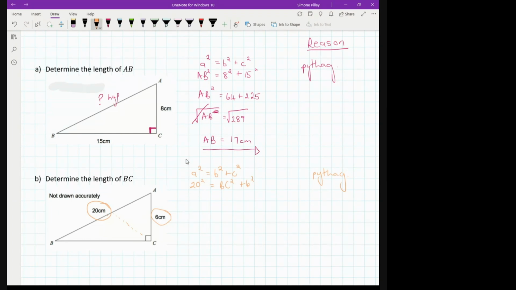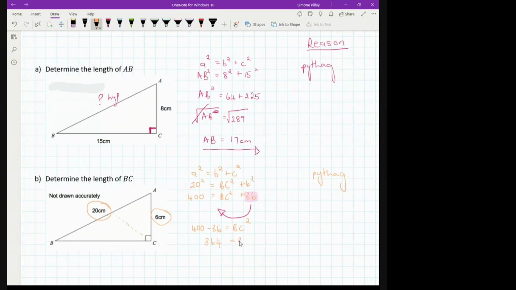400 is equal to BC squared plus 36. Then you transpose: 400 minus 36 is equal to BC squared. Then you get 364 is equal to BC squared. So we're transposing, we move 400 across the equal sign, we say minus 36, we have BC squared, which is 364.